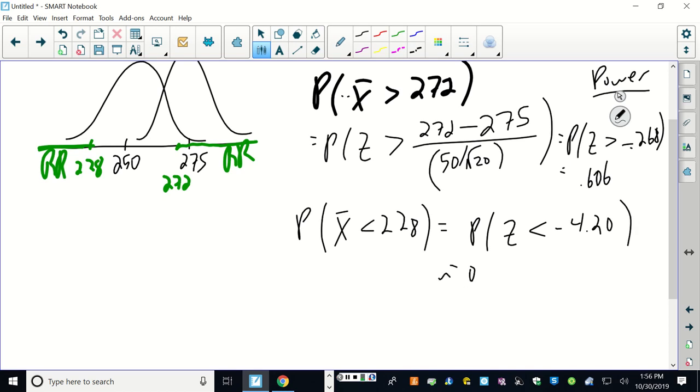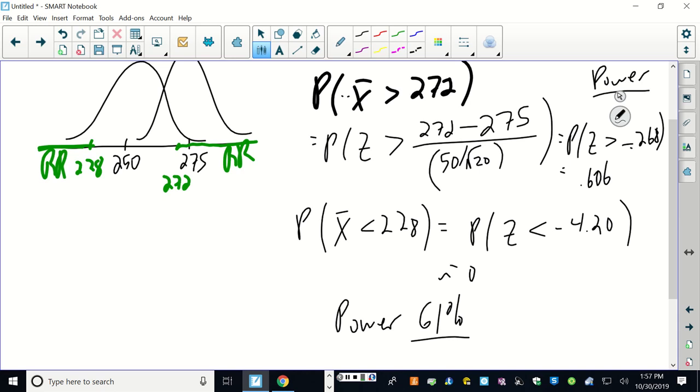That's basically 0 to 4 or 5 decimal places. So the power is about 61%, which wouldn't be great for a kind of study where you want to confirm and prove something. You probably would want to boost it to get a little bit bigger, right?